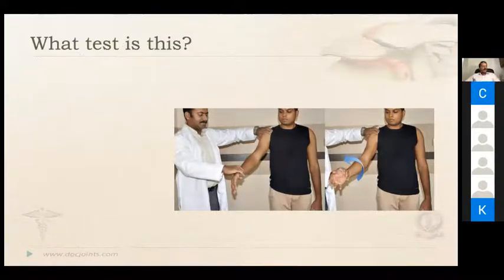Acromioplasty or something else? What is the next step? Physio has failed. What next? Local steroids. Local injections, yes.